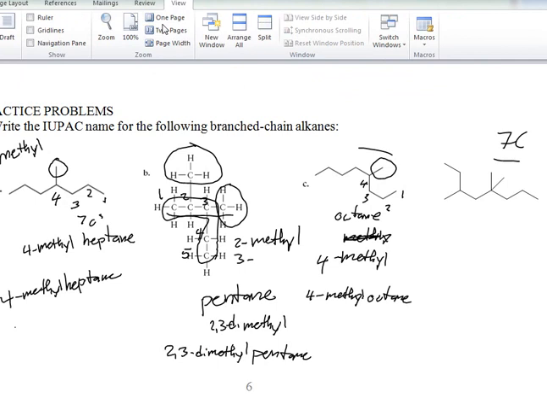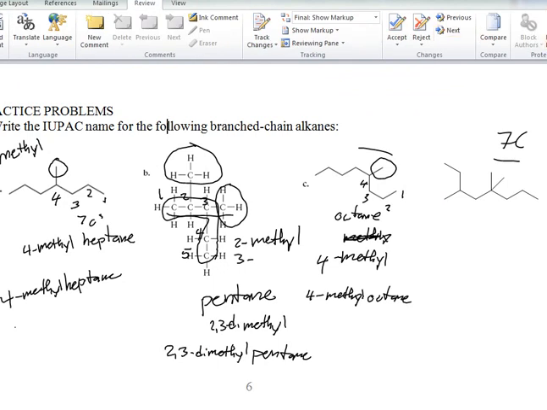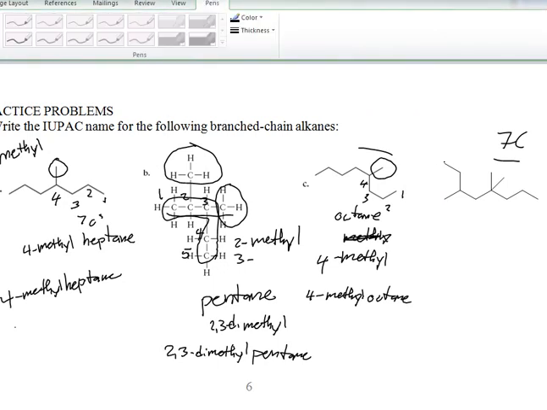Okay, 7 carbons, but if we start counting from up here, 1, 2, 3, 4, 5, 6, 7, 8. We have 8 carbons as the main chain. So that's the better choice. That's octane. No double bonds, no triple bonds, so we leave it ANE.